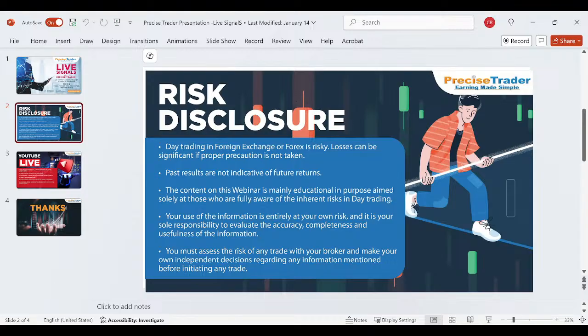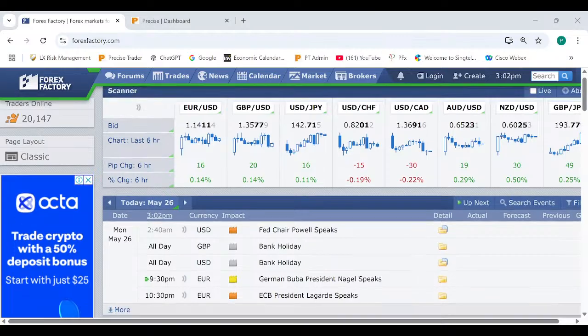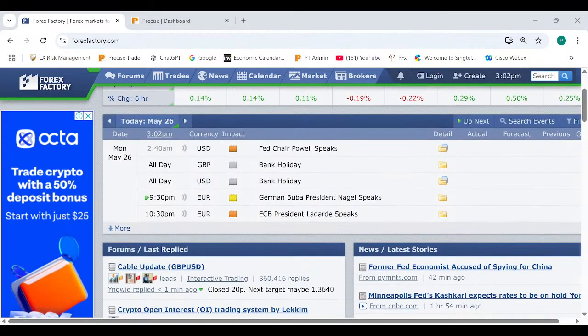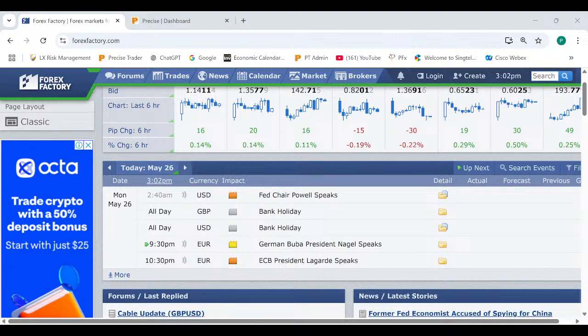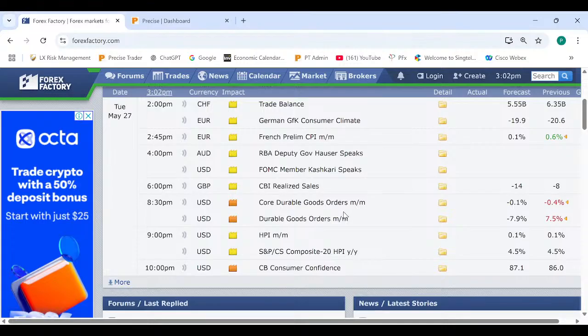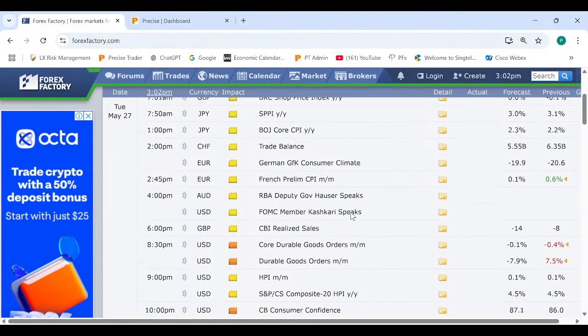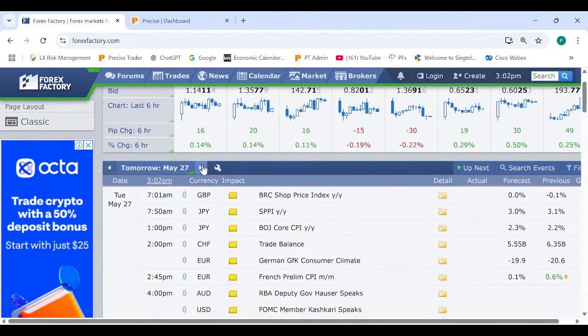So, with that, we move on to our live analysis. The key data out today is the ECB president going to give a talk. I think the Fed chairman has already given a talk. Tomorrow we have from the US durable goods orders and consumer confidence.